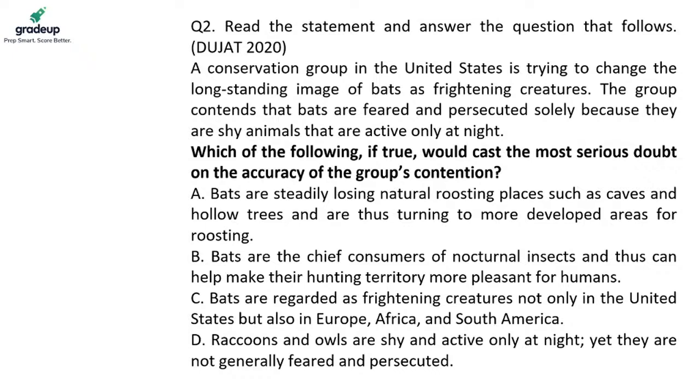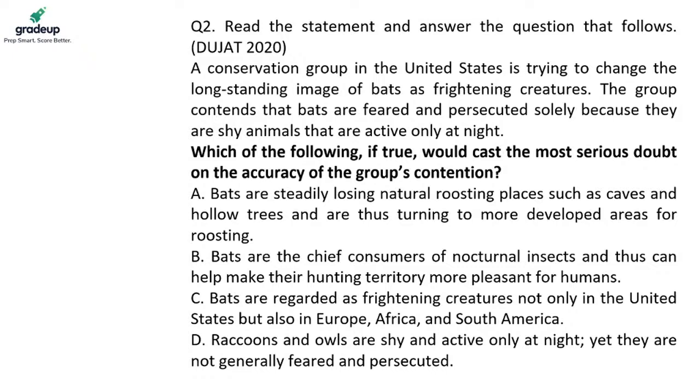Read the question first. For verbal reasoning questions, it's always important to read the questions first. Which of the following, if true, would cast the most serious doubt on the accuracy of the group's contention? Which means, in the passage, the group has come out with its own argument, its side of the story, and it must be basing its thought on some facts.